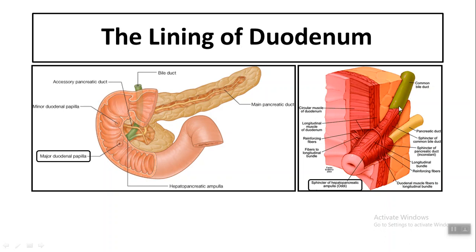The common bile duct with the pancreatic duct forms a common ampulla that opens into the second part of the duodenum and causes elevation of the mucous membrane, which we call the major duodenal papilla. Of course, this bile duct is guarded by a sphincter, called the sphincter of Oddi, or the sphincter of the hepatopancreatic ampulla.